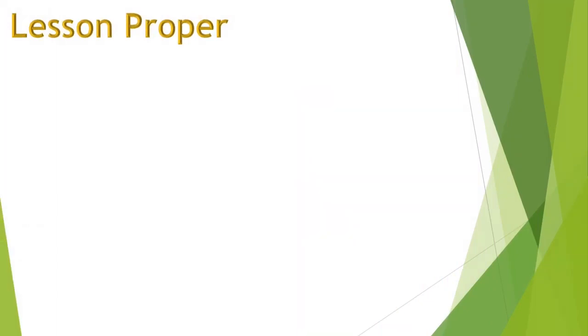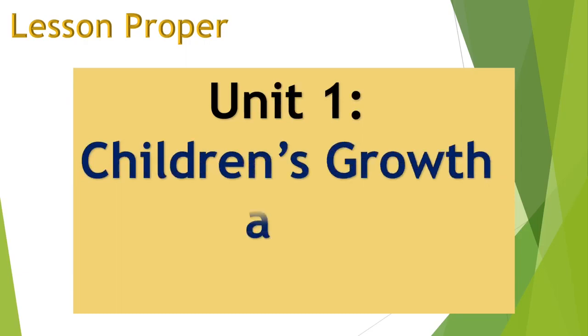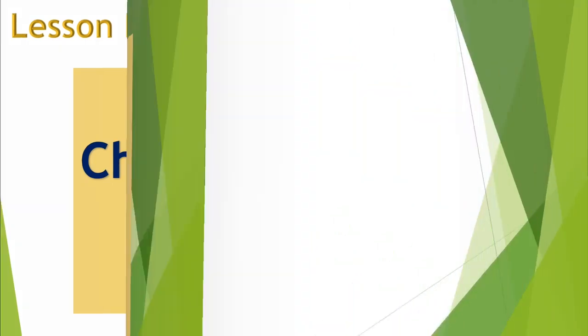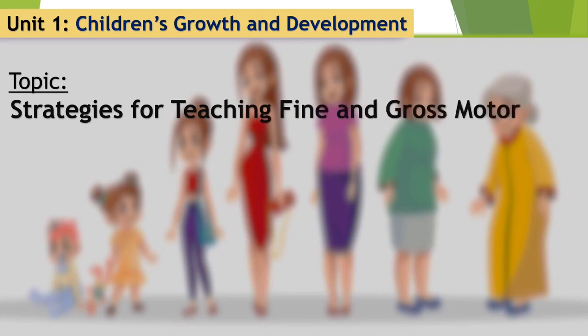Now, let's go to our lesson proper. Unit 1. Children's Growth and Development. Topic: Strategies for teaching fine and gross motor skills. What comes to your mind if we talk about motor skills?